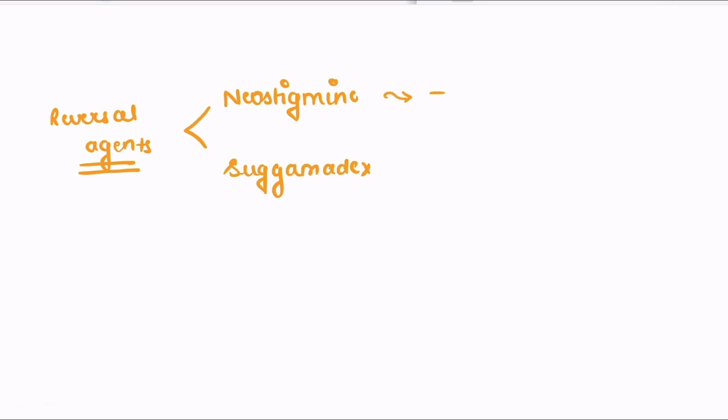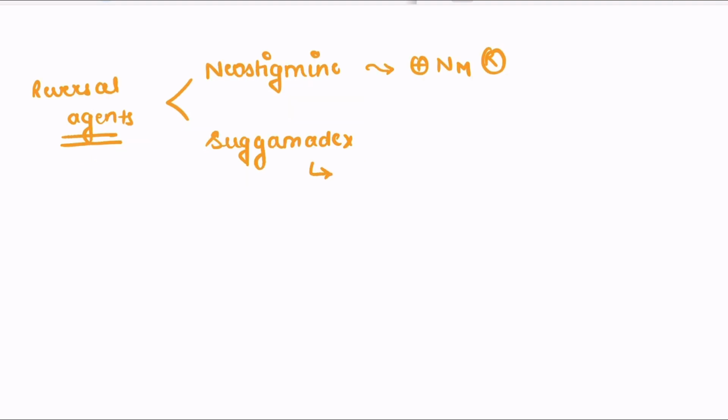Neostigmine stimulates the NM receptor to cause reversal of action of muscle relaxants. Sugammadex directly binds to muscle relaxants to cause the reversal.